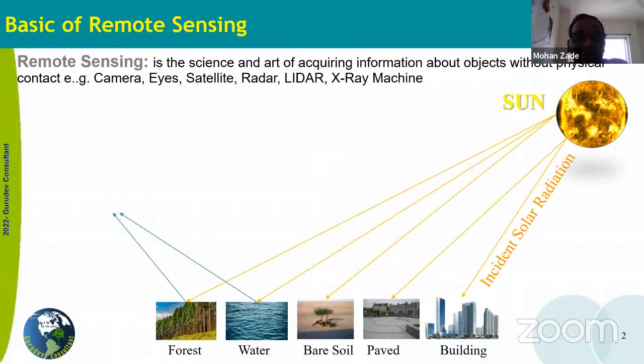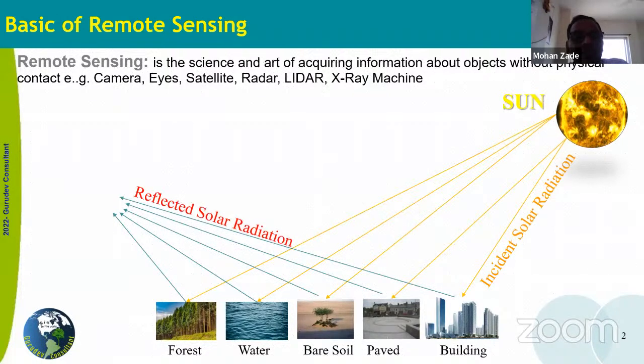Forest reflects some amount of energy, water reflects some amount of energy, and some amount they absorb. So three processes happen: absorption, transmission and diffusion or reflection simultaneously, for bare soil, paved areas and buildings. Those are called the reflected solar radiations.